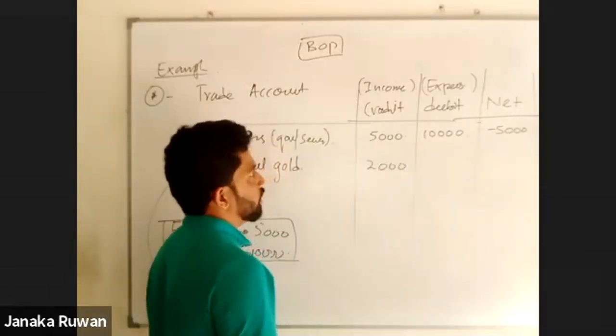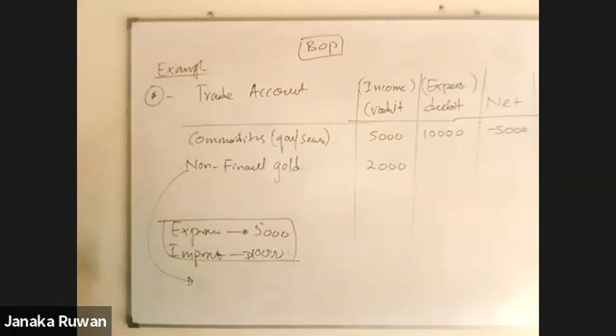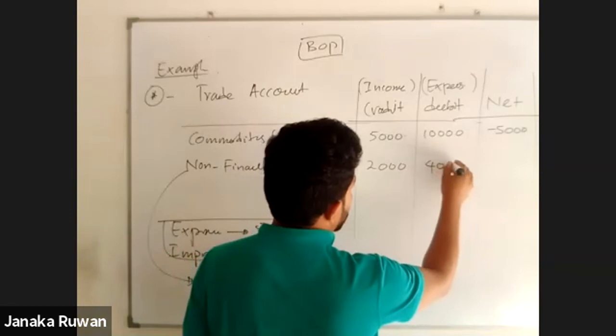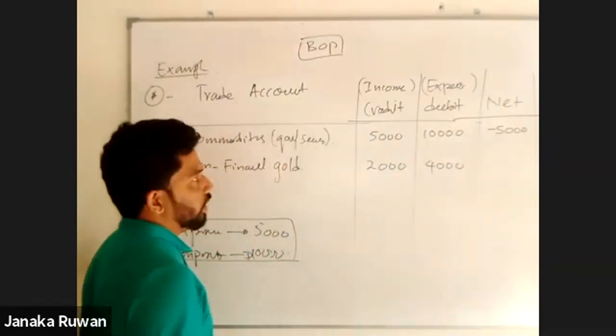It is recorded on the credit side. And you import non-financial gold, with a transaction value of 4,000. That means expenses.